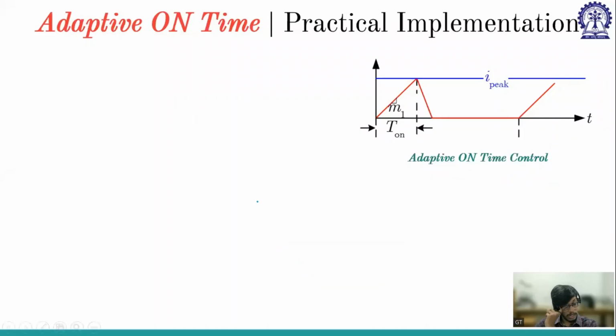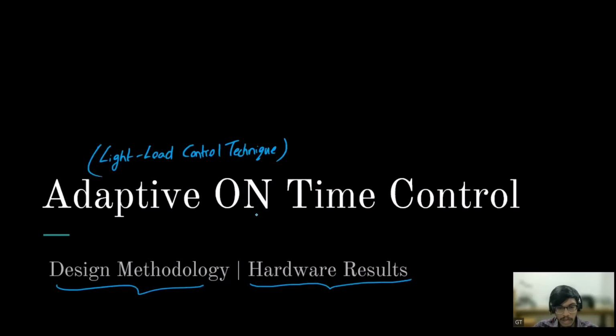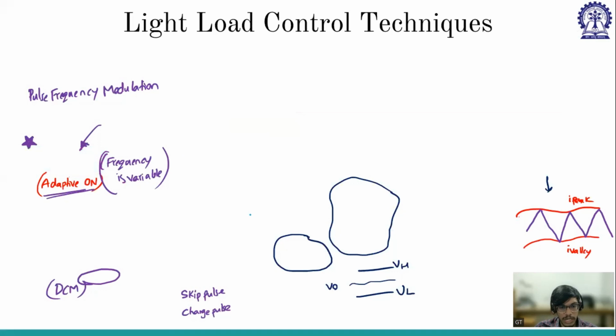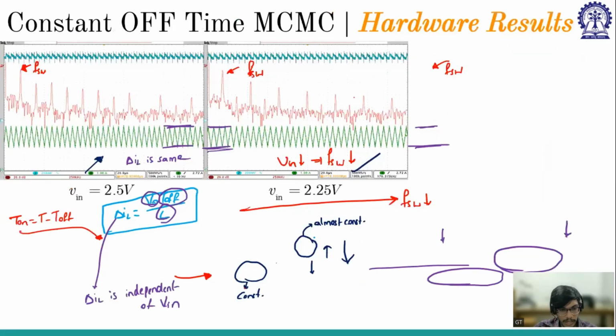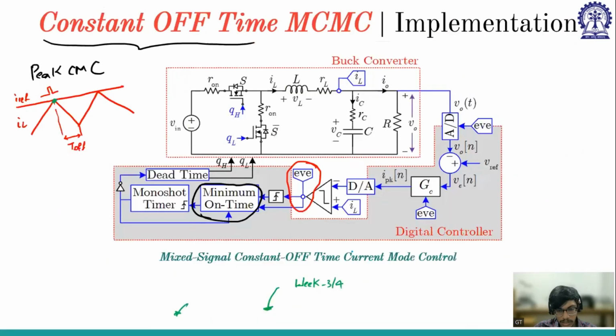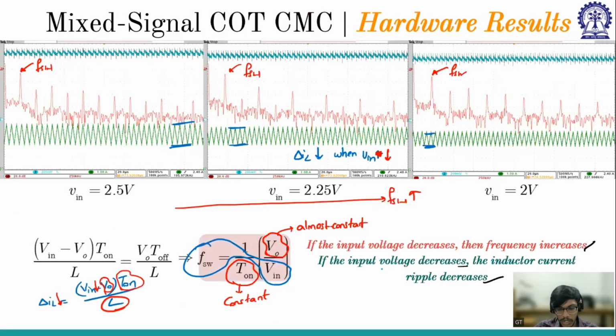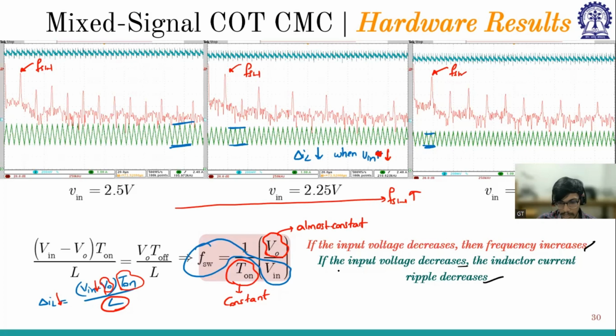So what adaptive on time means is, say we have considered constant on time. In constant on time, the inductor current ripple is dependent on the input voltage, right? Say we don't want the inductor current ripple to change with the input voltage.